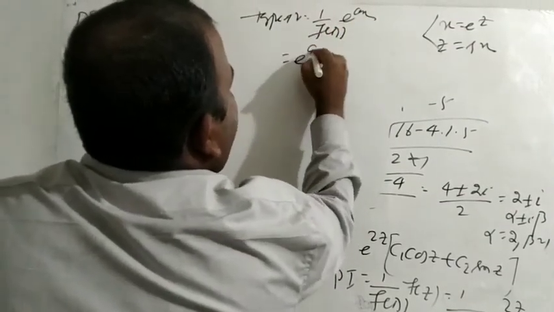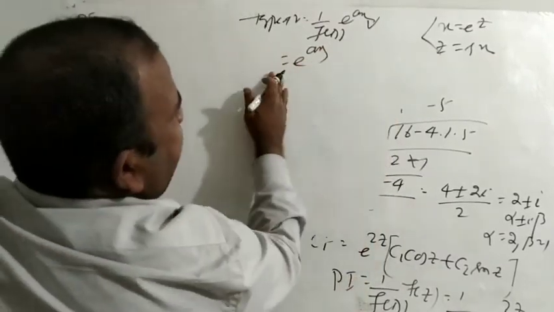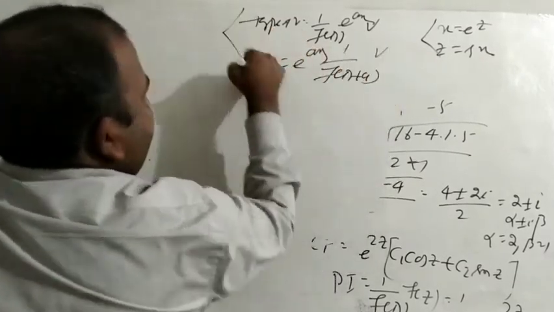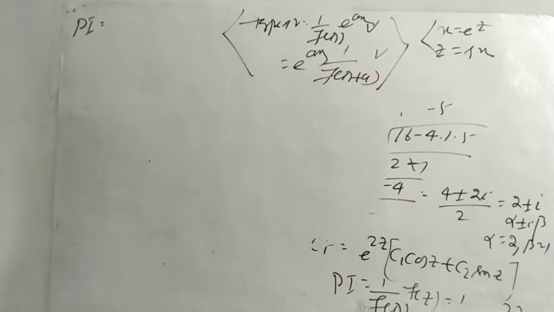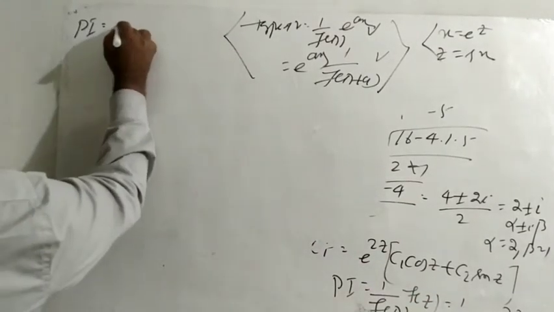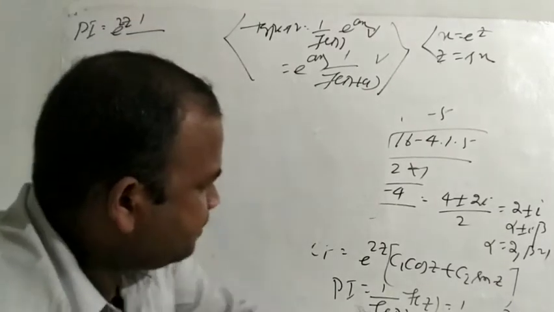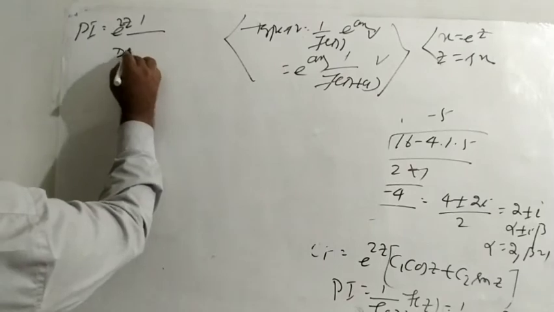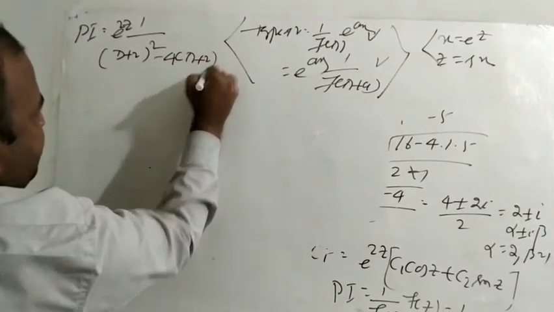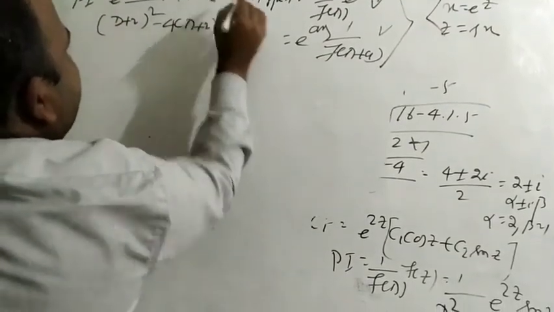E raised to x will go to the left side. D will be d plus a into v. So this one I told in case of type 4. So e raised to 2z will go to the left side, and d will be d plus a. So this is d plus 2 whole square minus 4 into d plus 2 plus 5 into sin z.